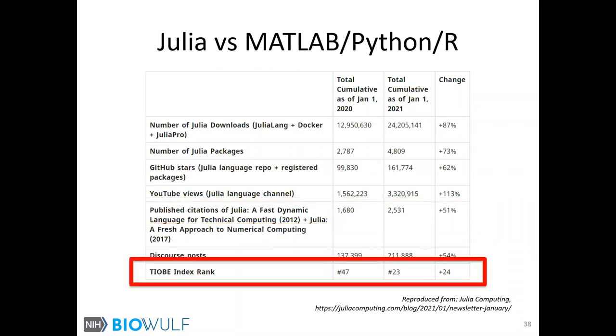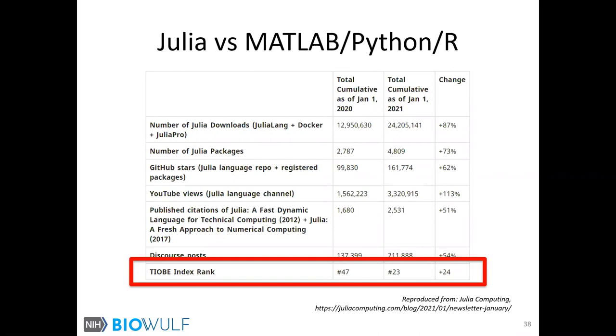This is another index. The one you see on your screen is the TIOBE index rank. It's just a different way of ranking computer languages worldwide. This uses the number of skilled engineers in a given language and other different factors to rank languages. And we see that Julia has gone from place 47 to number 23.